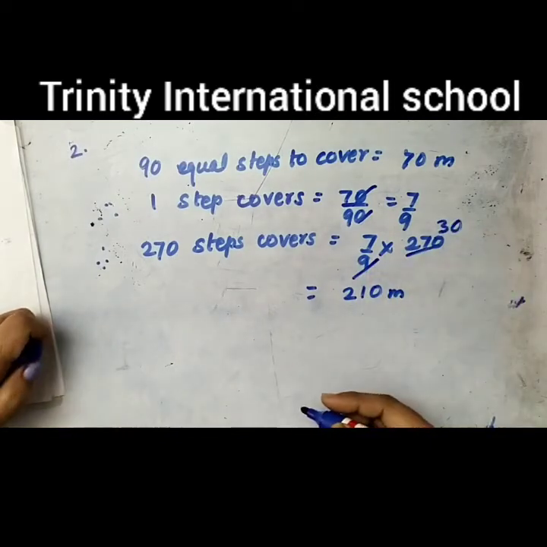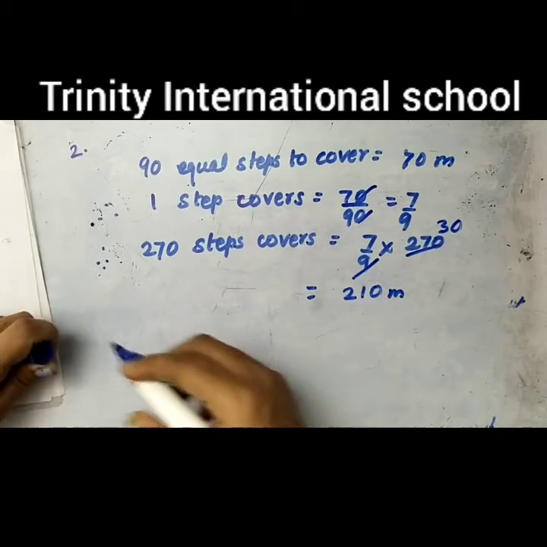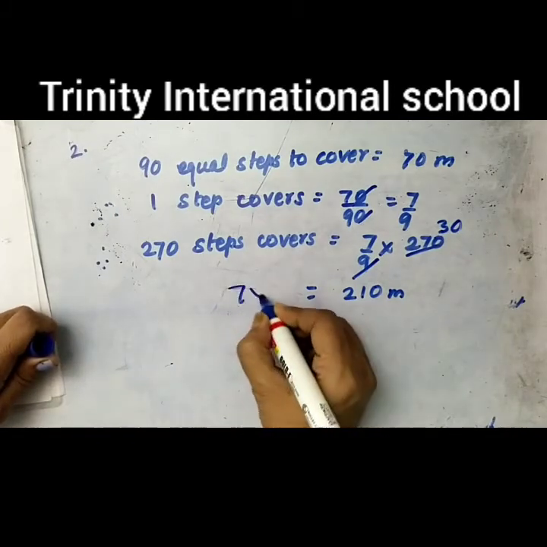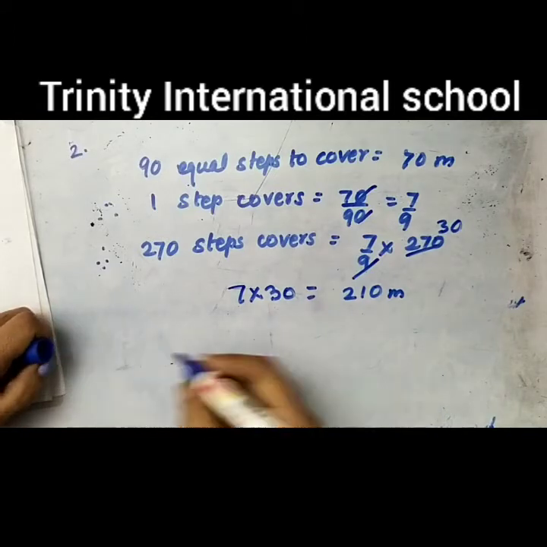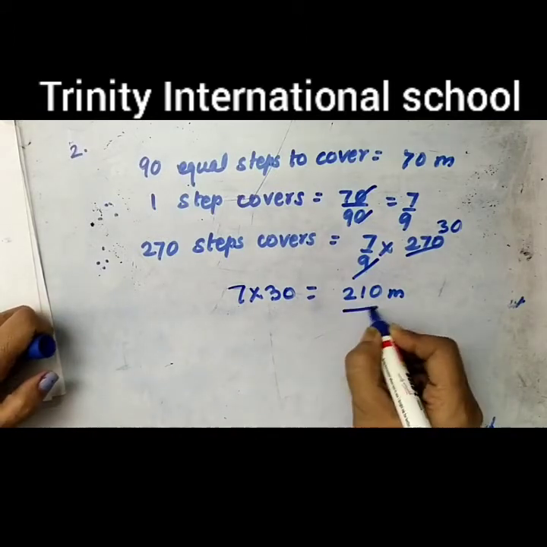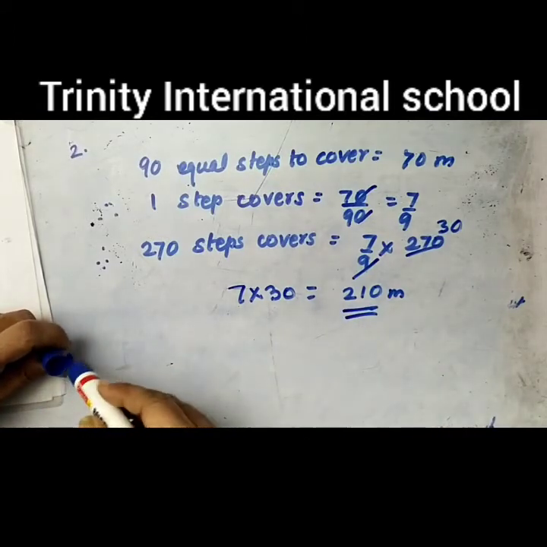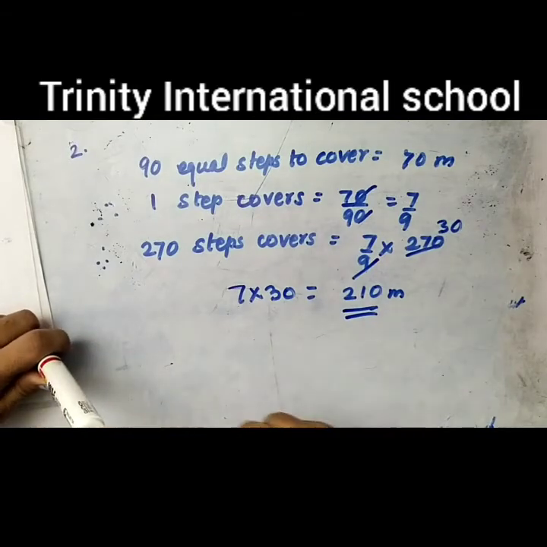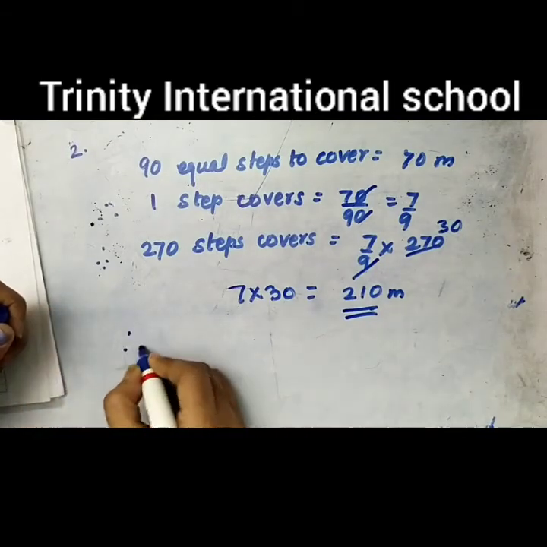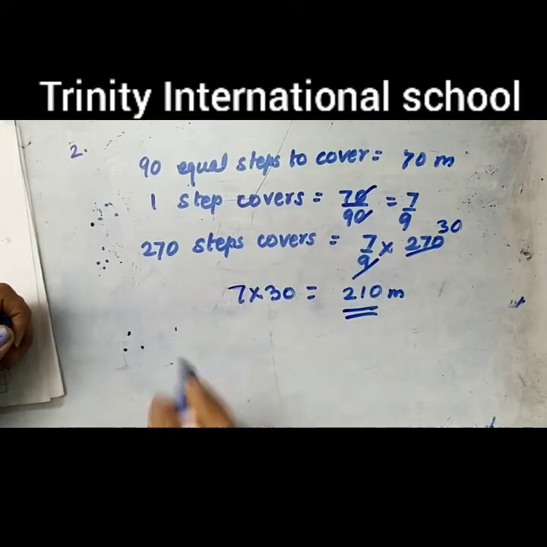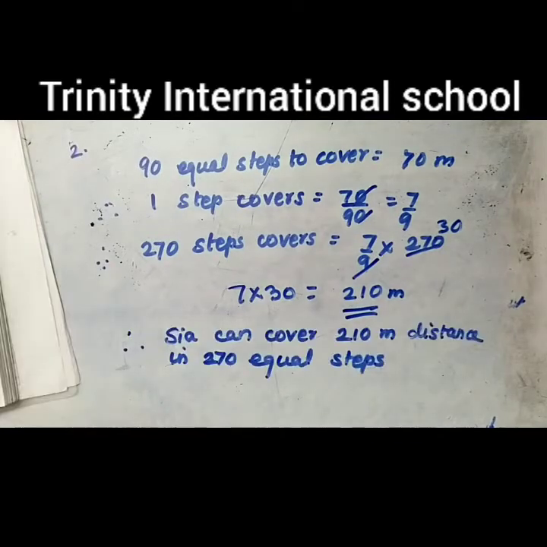So this is giving you 7 into 30, and that will give you 210 meter. So 270 steps can cover 210 meter distance. So you can write the statement: Sia can cover 210 meter distance in 270 equal steps.